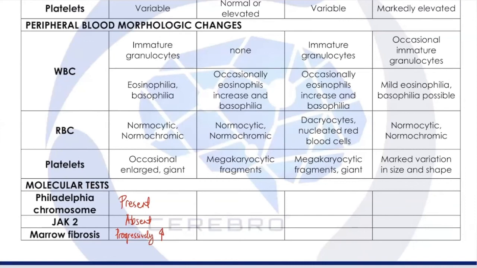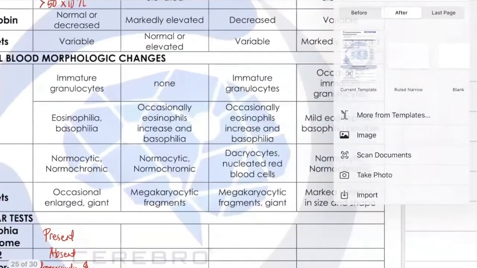Now, we mentioned the Philadelphia chromosome. What is this Philadelphia chromosome? I think I mentioned earlier that CML is actually caused by a translocation between chromosome 9 and 22. So if asked what the genetic or cytogenetic anomaly associated with CML is, that is a translocation between chromosome 9 and chromosome 22.